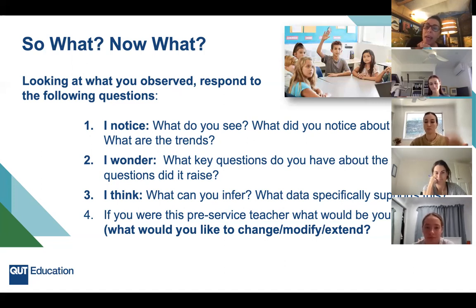That fear that we have, oh my God, I'm going to look stupid in front of everyone, or what I say is not going to be right, or will I be judged? So it's about creating that environment, which is extremely difficult in a Zoom session when you only see each other once a week. But in a classroom, you can create that environment. You can develop those relationships, the trust with the students.